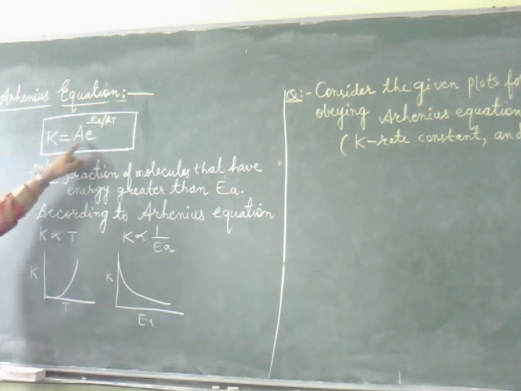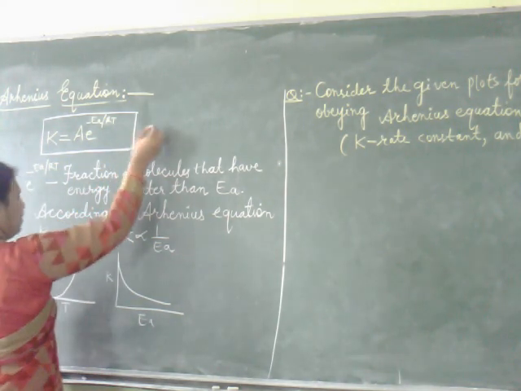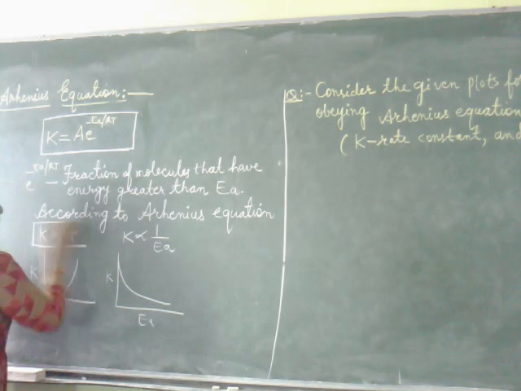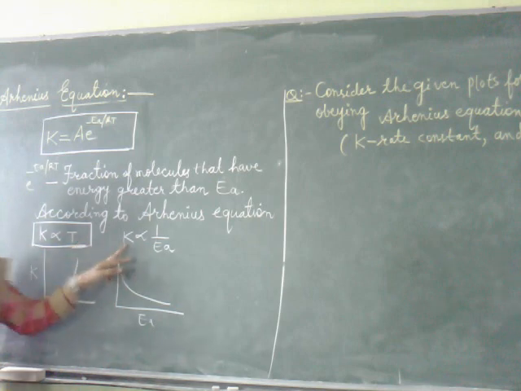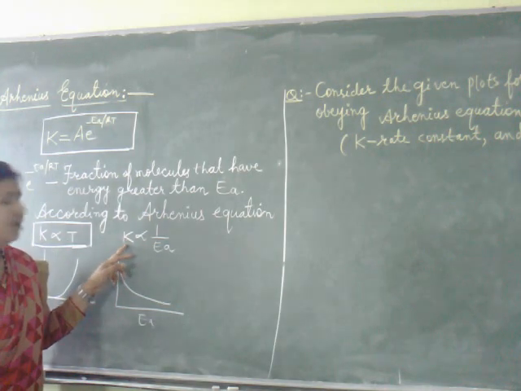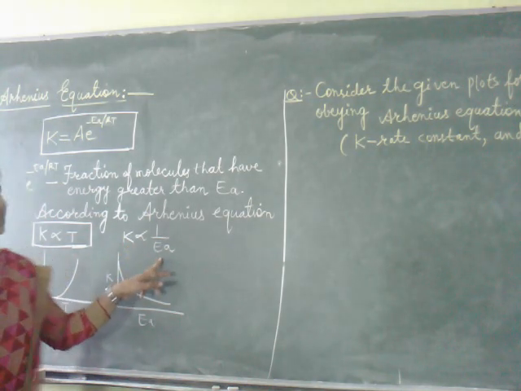k = A e^(-Ea/RT). According to the Arrhenius equation, the rate constant increases as the temperature increases. This point is important. And the rate constant, or rate of the reaction, increases as the activation energy decreases.